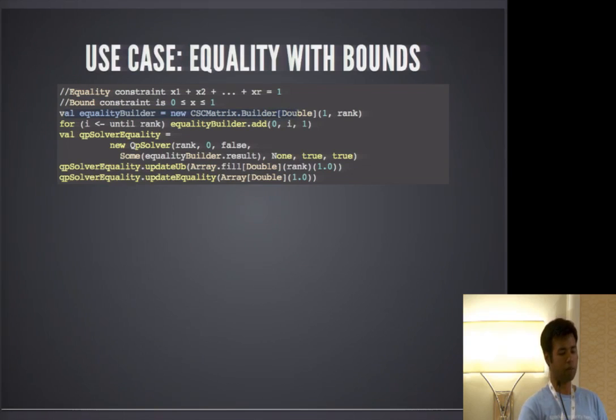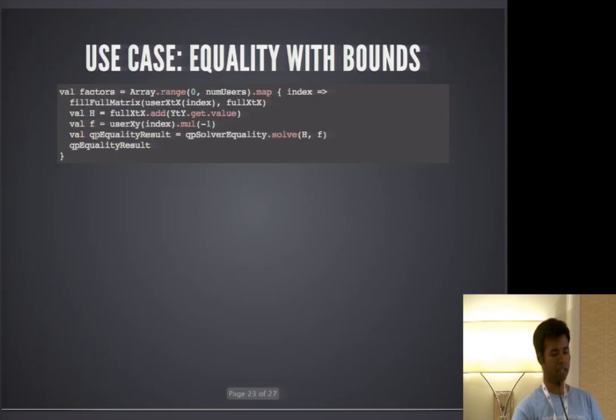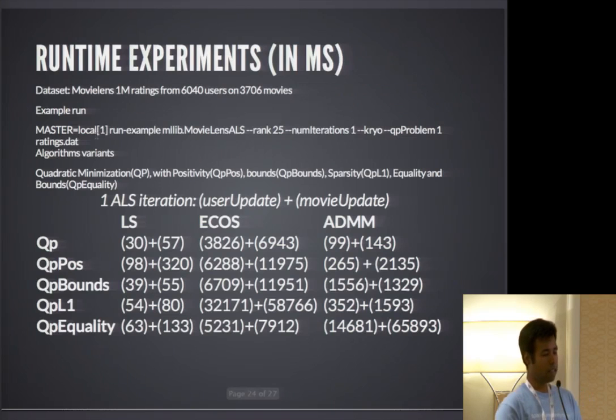Then you put a bound constraint, and then you make your QP solver. After that, the solve technique is the same. So you put this code into Spark, and then you put the gram matrix part, the linear objective part, and you solve it.